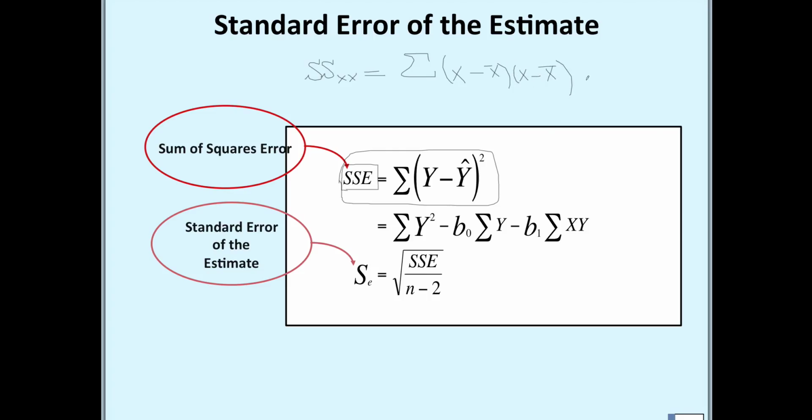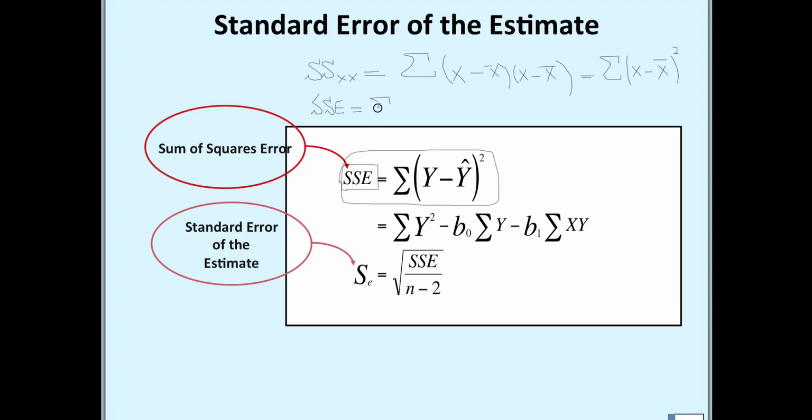And since these are the same variables, that would become summation of x minus x bar squared. Okay, so now let's work on sum square of errors.